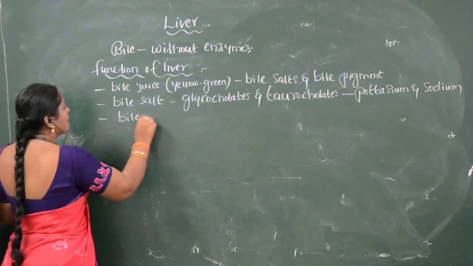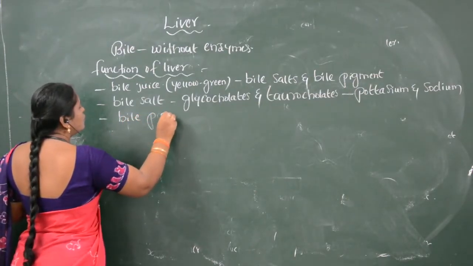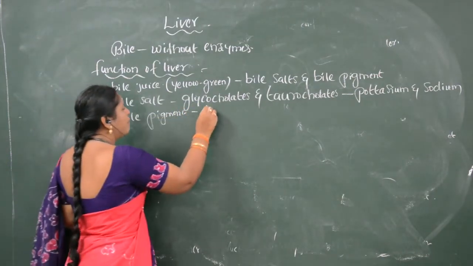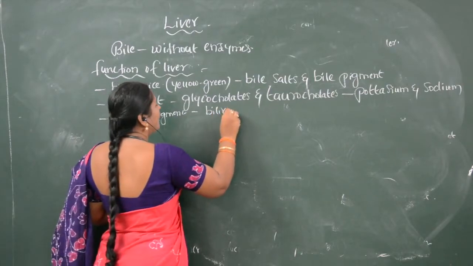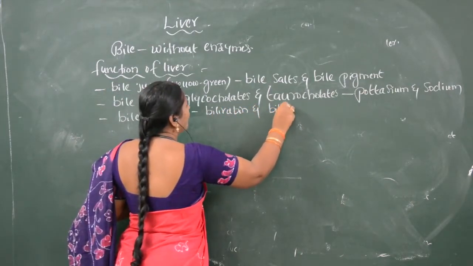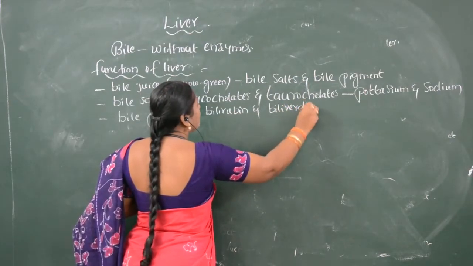The bile pigments present in it are bilirubin and biliverdin.